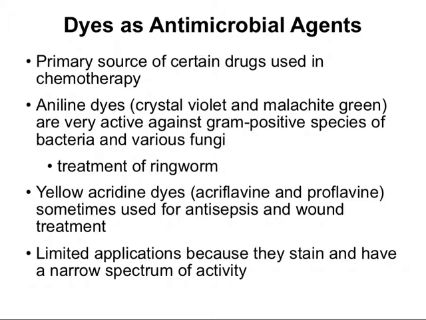For example, aniline dyes like a combination of crystal violet and malachite green are used in the treatment of ringworm. Then there's yellow acridine dyes, like acroflavine and proflavine, sometimes used for antisepsis and wound treatment. There are limited applications for dyes because they stain and they have a narrow spectrum of activity. Who wants everything to be green or violet colored?